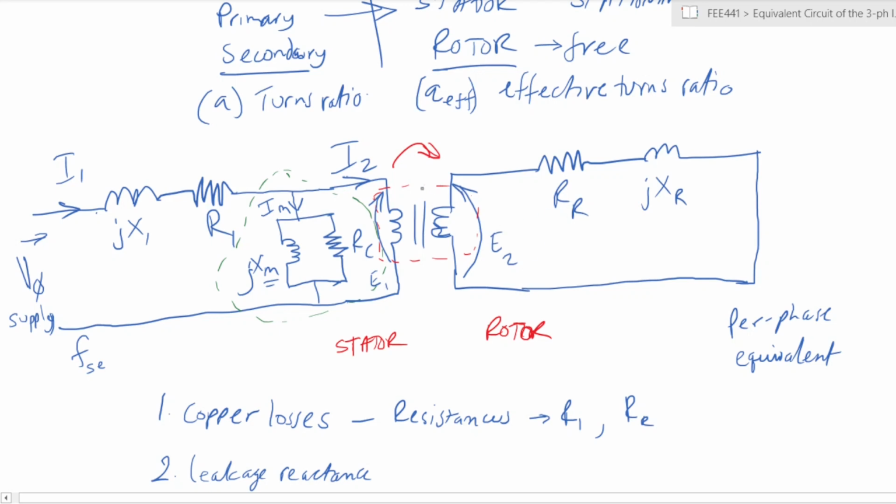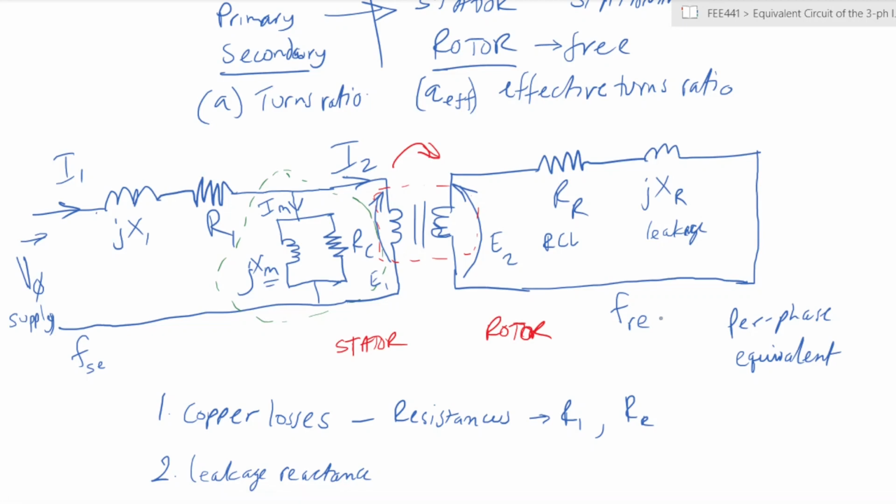So the rotor circuit is this one here, a supply E2, the rotor copper losses, let's call them RCL, and leakage reactance within the rotor, denoted by RR and JXR. Okay. And similarly, we have a frequency of the rotor due to the voltage that is supplying it.